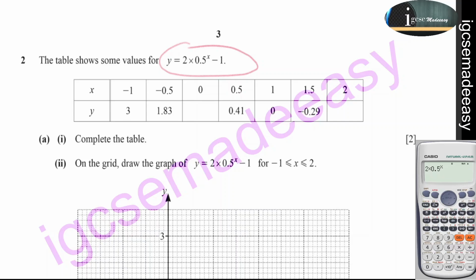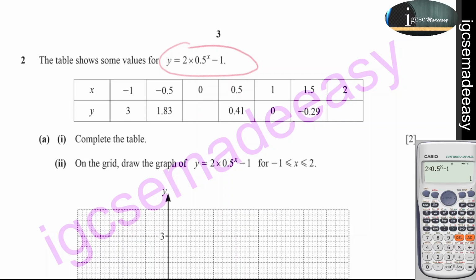To write x, press alpha and then the x button. After this, don't press any other key, just press the calc key, and it will ask x question mark. You can fill in the value you need. I want 0, so I'll press equals. For the value of 0, the answer is 1.